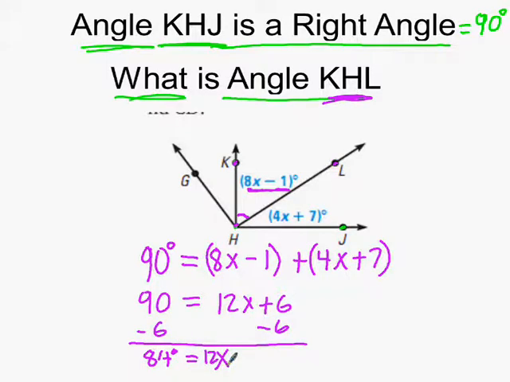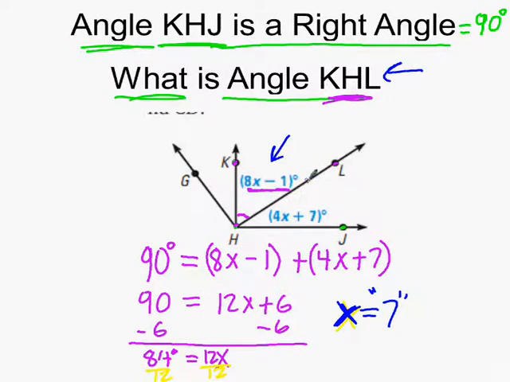And we all know that if we divide both sides by 12, x is going to end up equaling 7. So if x is 7, and the question is what KHL is, which is right here, instead of an x, I'm going to put a 7.